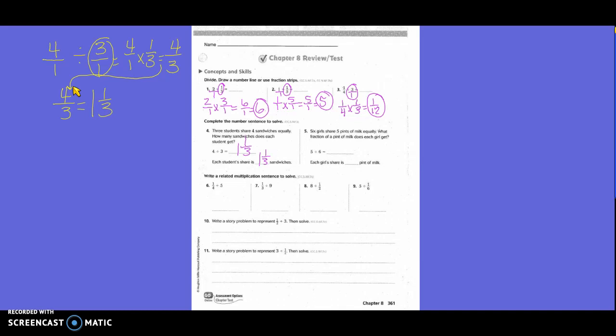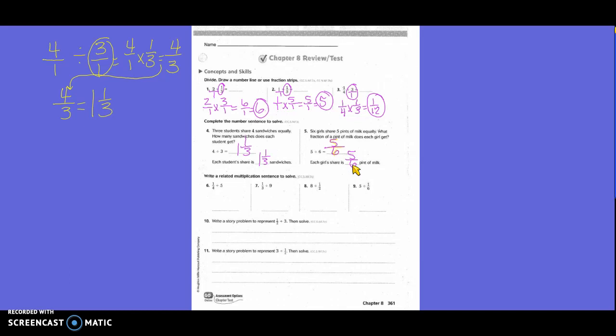No. But we have 2 whole numbers, so we can write 5 over 6. And then do I need to reduce that any? No. So each girl's share is 5/6 of a pint of milk.